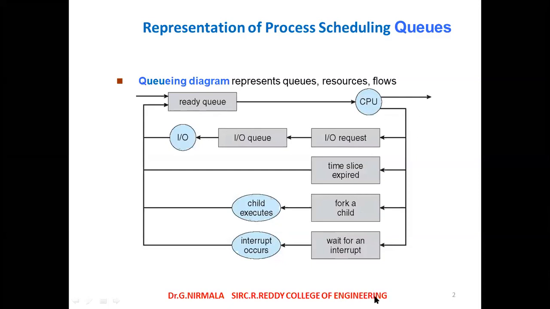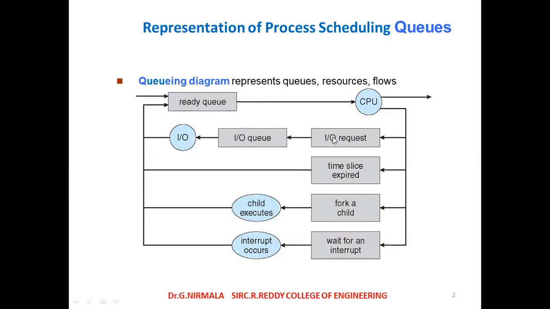When the CPU receives an external hardware interrupt or software interrupt, it stops the current execution of that particular process. The CPU handles some other process. The interrupt service routine, ISR, will handle this interrupt, and the process is again placed into the ready queue for the next chance of getting execution.